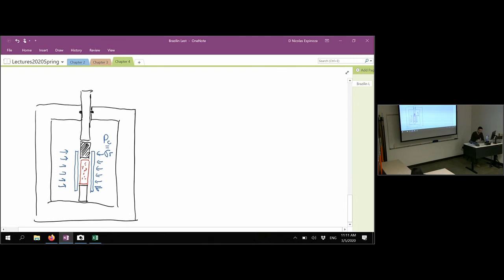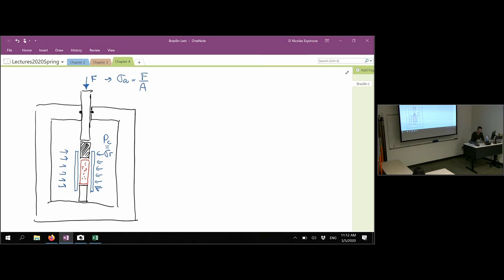If in the lab we measure what is the force that you need to apply in order to fail the rock, then that's going to give you the total axial stress, which is going to be equal to the force divided by the area of the sample, which in this case is also the area of this piston. But force divided by the area of the sample, then that will give you the axial stress.